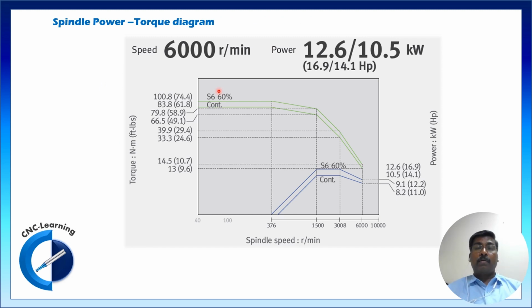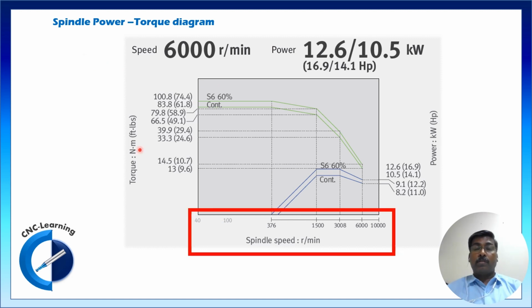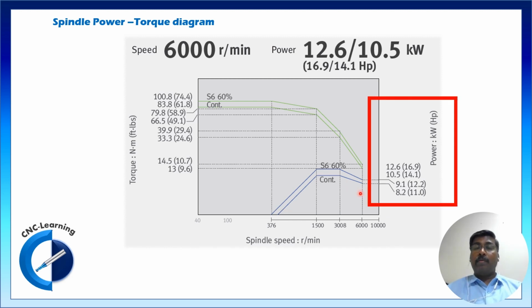Now the spindle power torque diagram. This is the spindle speed range. Here 60, 100, 376, all these different ranges, and 6000 is the maximum RPM for this particular machine, 6000 RPM. Here we have spindle speed and here we have power.